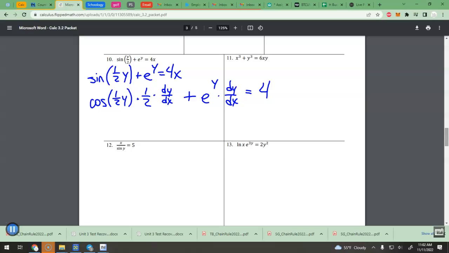So if I factor out a dy dx, I have 3 terms, right?